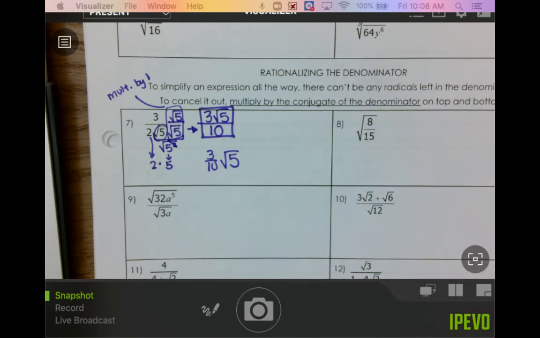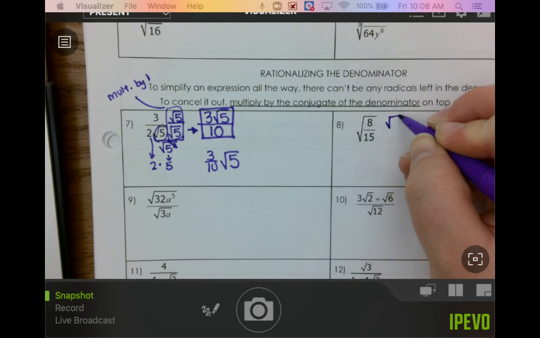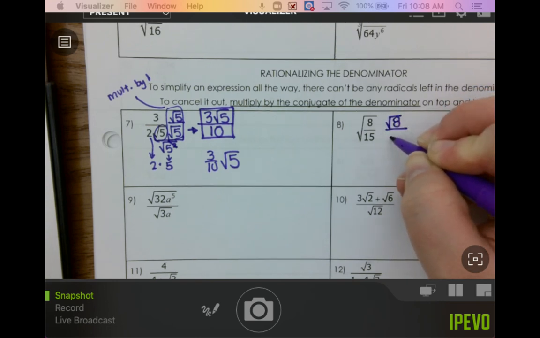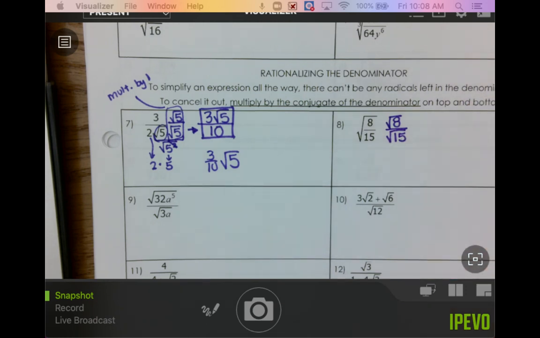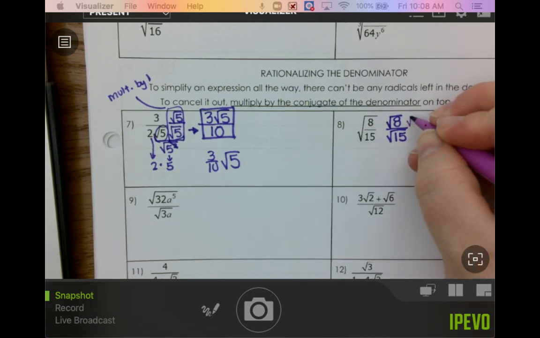And then I'm going to come over here to the next one. And 8 and 15 don't divide, so what we're going to do is split this up into the square root of 8 and the square root of 15. So now I can see that it's the square root of 15 on the bottom that I want to get rid of. So what I'm going to do is multiply by the square root of 15 on top and bottom.